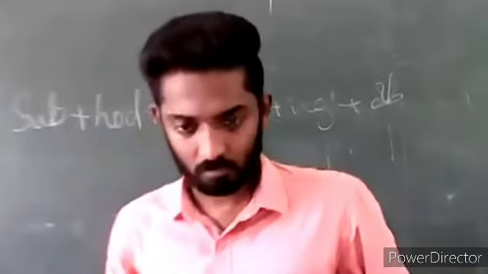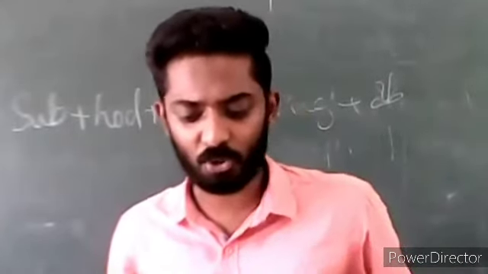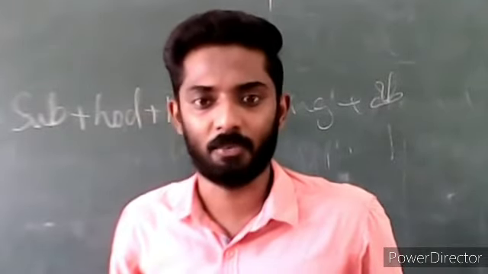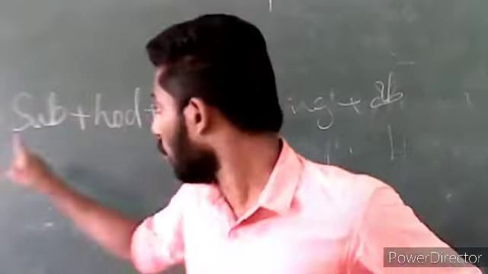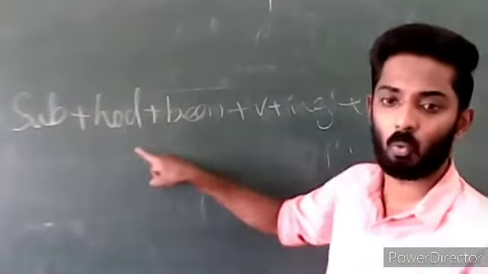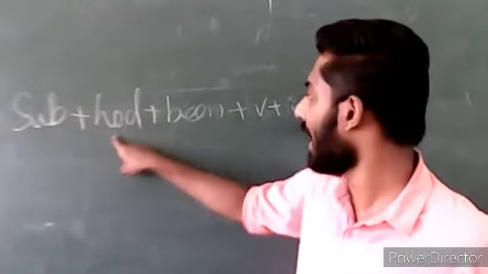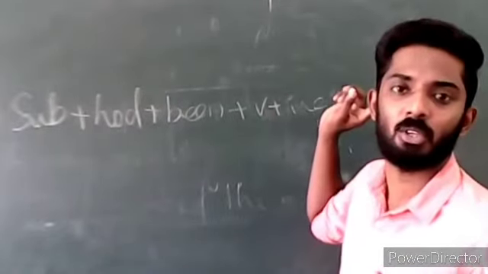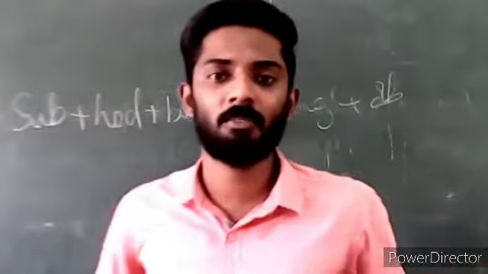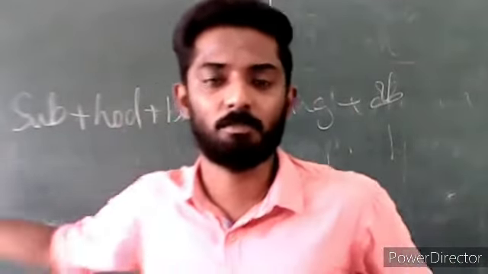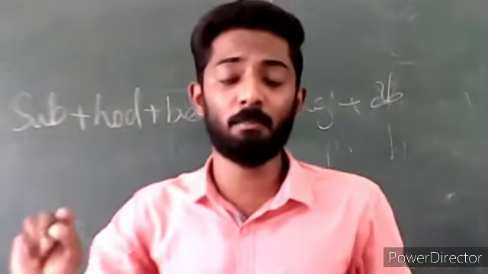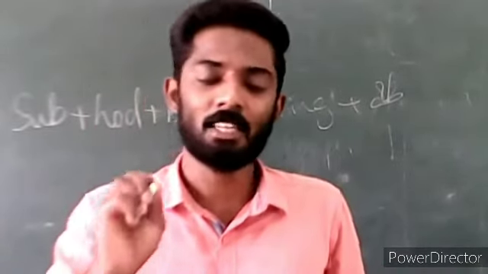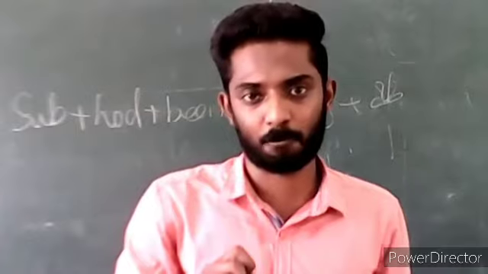Like, we had been waiting for half an hour when the other team arrived. We had been waiting for so and so. So the structure is subject plus had plus been plus verb plus ing plus object.